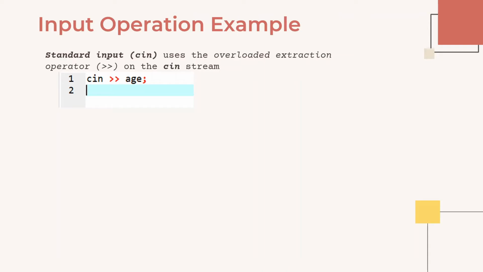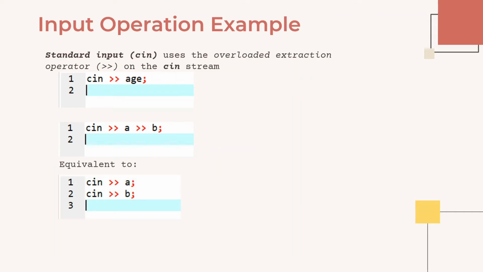Cin can also be used for more than one input with the following command: cin, extraction operator, A, extraction operator again, B, and we end it with a semicolon.